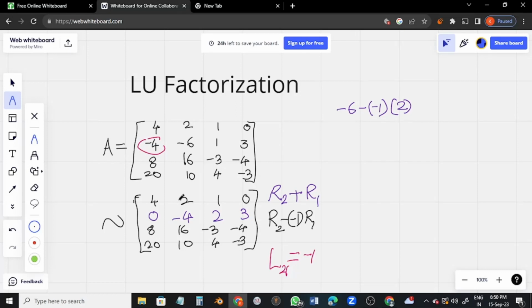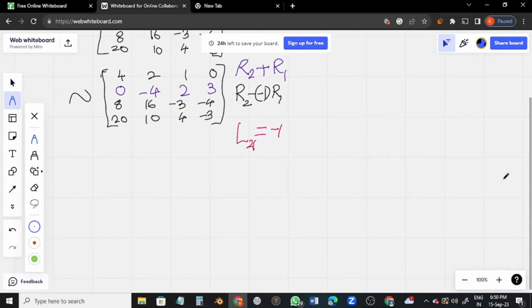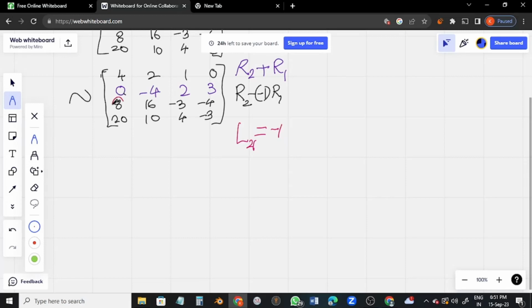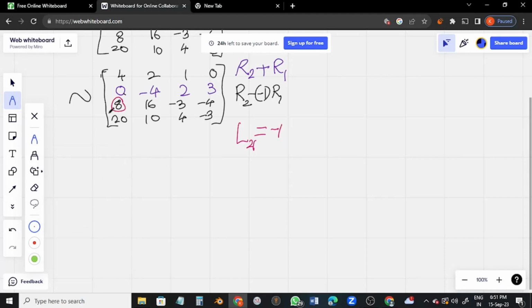Now let us move on to the next one. Our next target is the place 8. The place 8 is our target, this one. So I would like to highlight this 8 for you, this entry. Now how can you make this 0? Yes, which operation? So 8 minus 4 times 2. What I mean by this is, the third row I want to change.